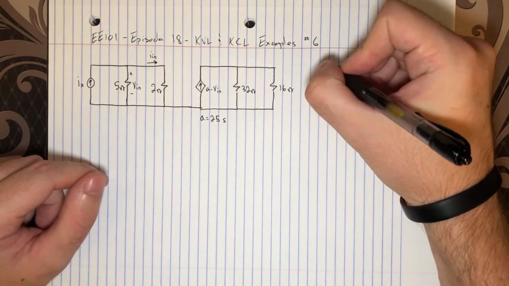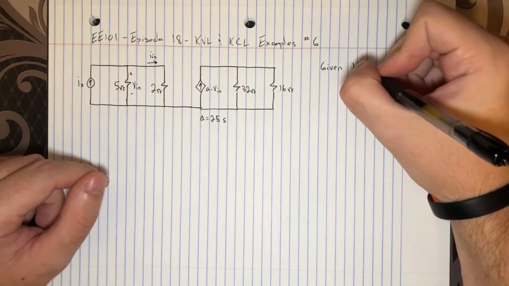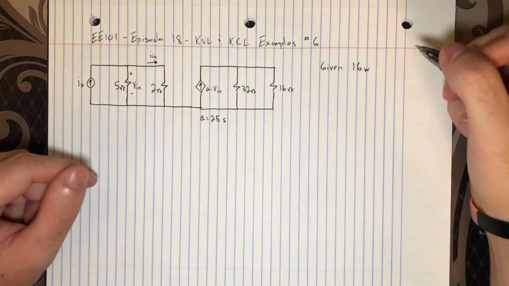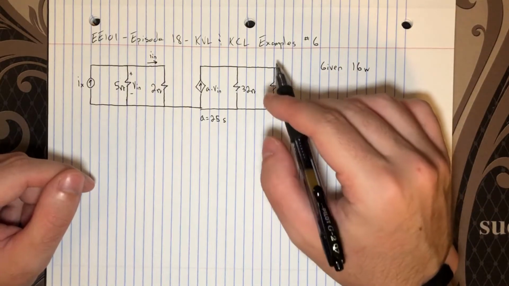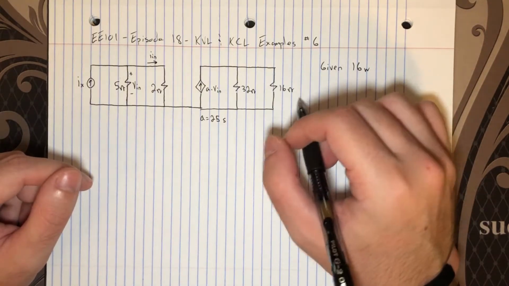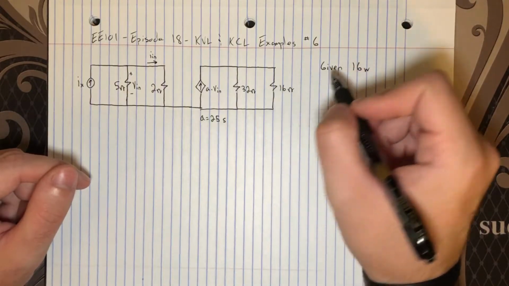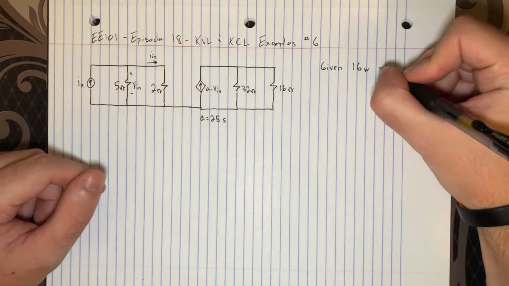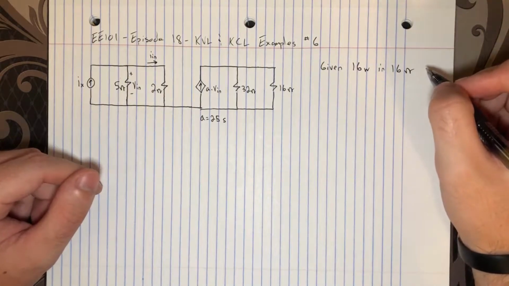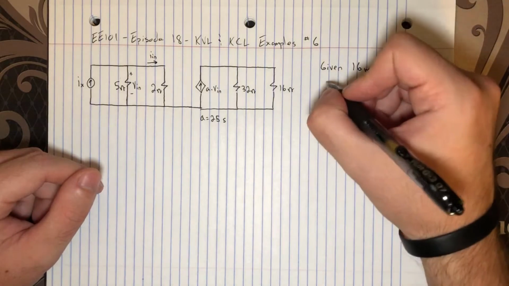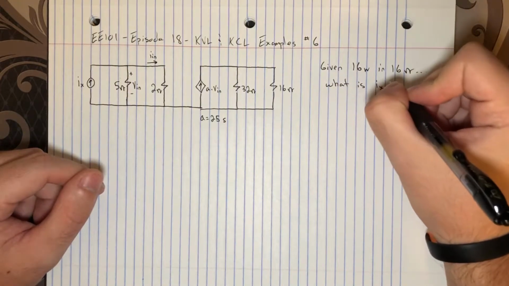So I'm going to say, given there's a 16 watt power dissipation in the 16 ohm resistor, or the load, or the loudspeaker in the example that I gave. Given that we know this is consuming 16 watts of power in that 16 ohm resistor, what is Ix?